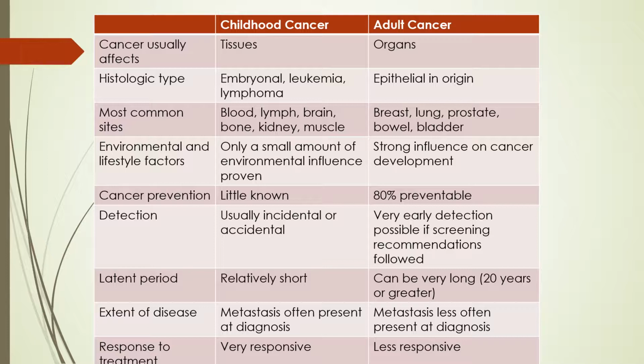A latent period, meaning that time of when they get it to when they show symptoms, is real short in children, and it can be up to 20 years in adults. You can be harboring it in your body for a long time. Unfortunately, extensive disease in children, metastasis is often present at diagnosis, where that's not so much the case with adults. But the good thing is response to treatment is very good in children and less responsive in adults.